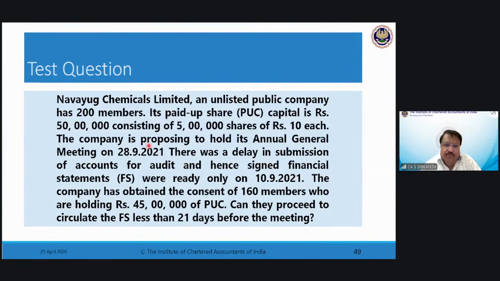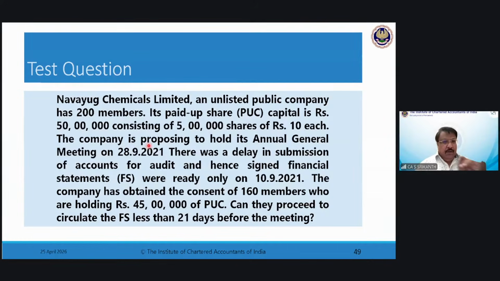Basically what you need to do, first step, is represent the facts. Don't write everything, just one line. Navayug Chemicals has 200 members and a paid up share capital of 50 lakhs.